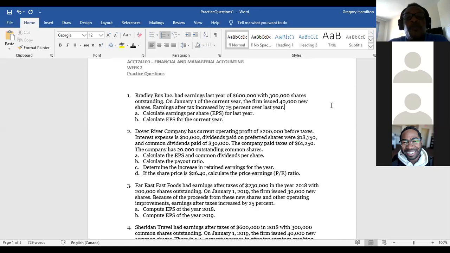It's now simple mathematics to find earnings per share, which equals earnings divided by the number of shares outstanding. So earnings per share is 600,000 divided by 300,000 shares outstanding, which is $2.